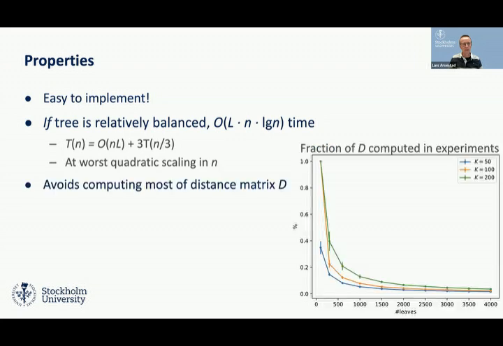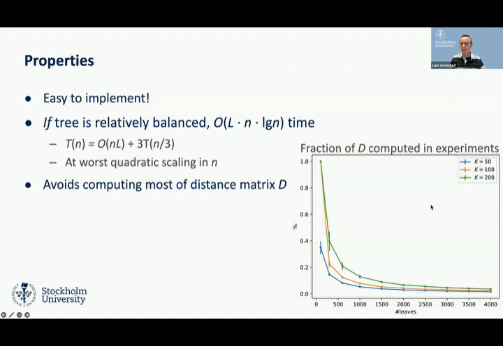So that's nice. And the effect of that is the fact that we're avoiding many of these pairwise distances in each step. On each recursive level, we do a linear number of distances, so you avoid, in practice, a large fraction of the distance matrix.